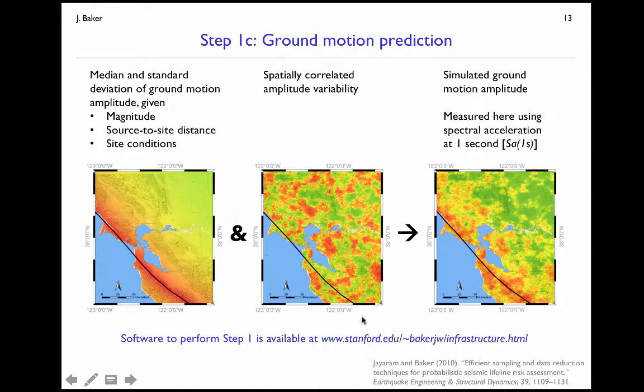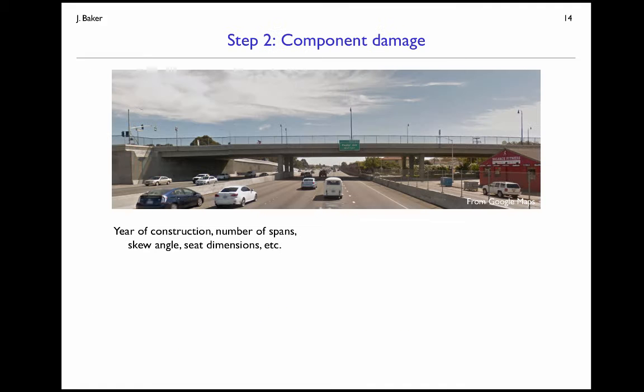And then a final note here that the software to do this calculation, we have some tools available at our group website, stanford.edu/bakerjw/infrastructure.html. So this isn't something that has to be recoded from scratch for somebody interested in doing this. We can provide resources to automate this process.